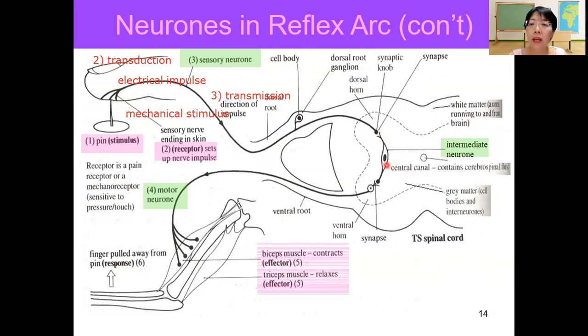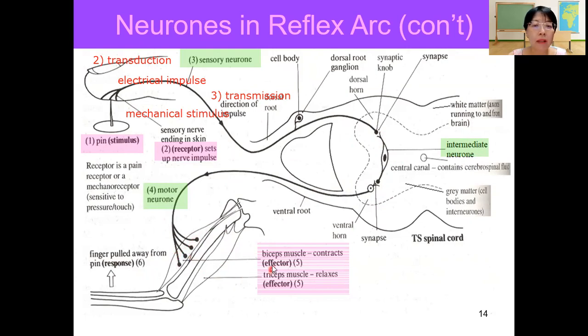After that, the second neuron is called the intermediate neuron, because it is a neuron between two different neurons. It connects two different neurons, so it's the interneuron. The third neuron is the motor neuron. The motor neuron sends the electrical impulse from the central nervous system to the effector in your body, for example the muscle.